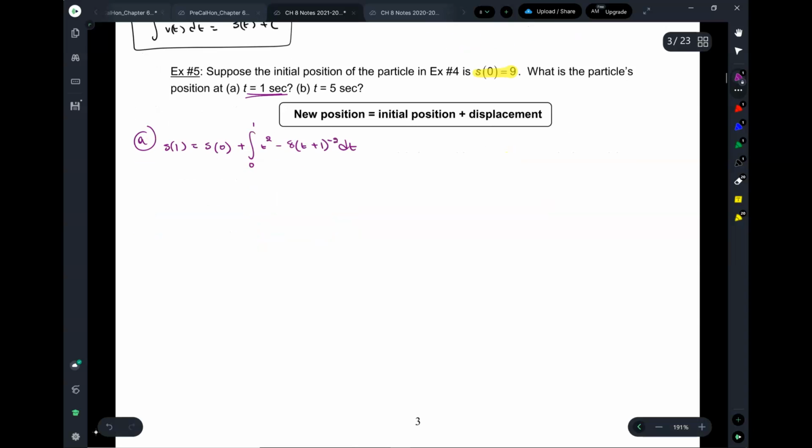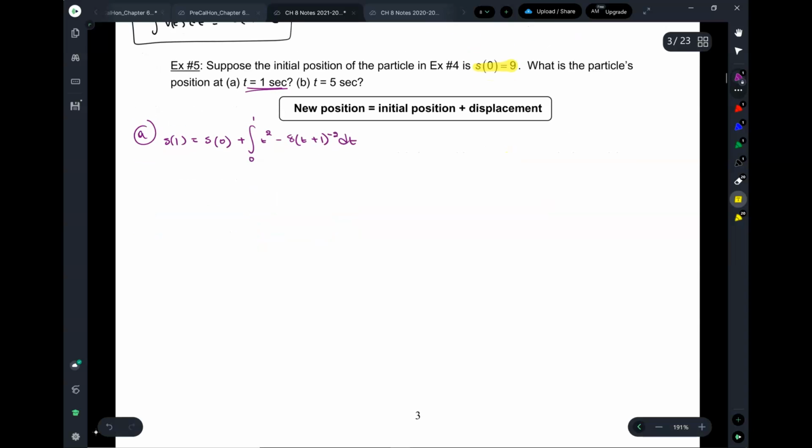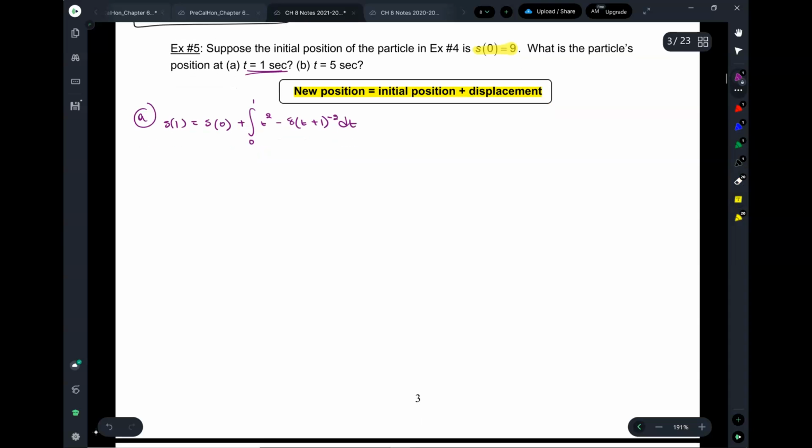We're going to do this without a calculator. New position is initial position plus displacement. So this is s of 0 plus, when you integrate this, you get t cubed over 3, and then plus 8 over t plus 1, because it's (t plus 1) to the minus 1, from 0 to 1.